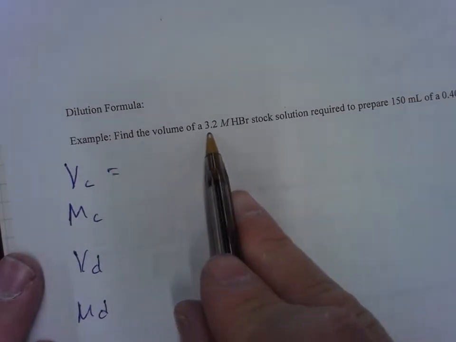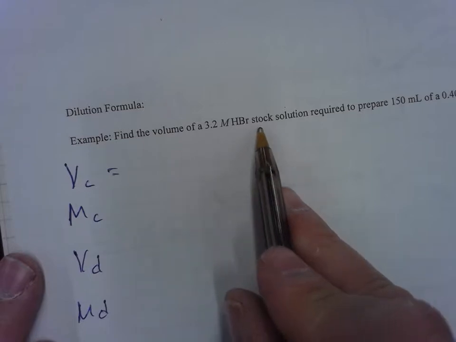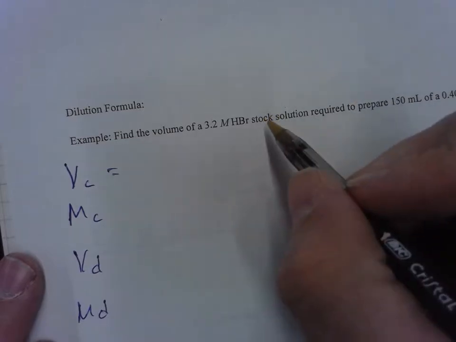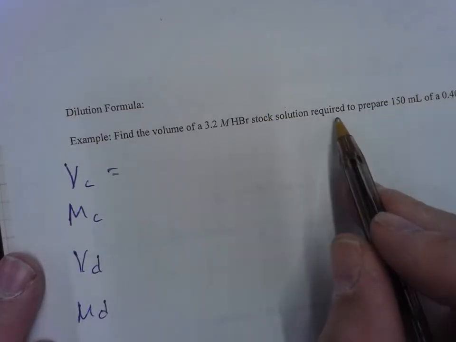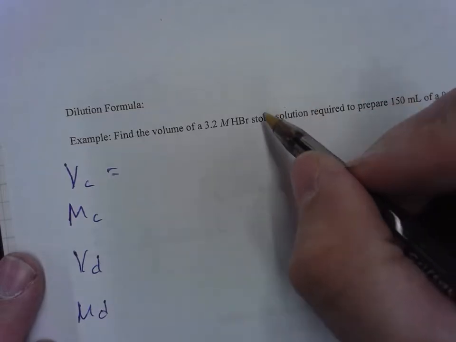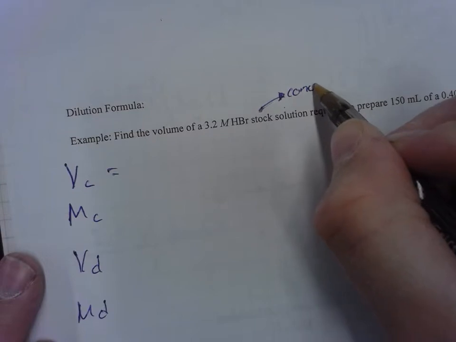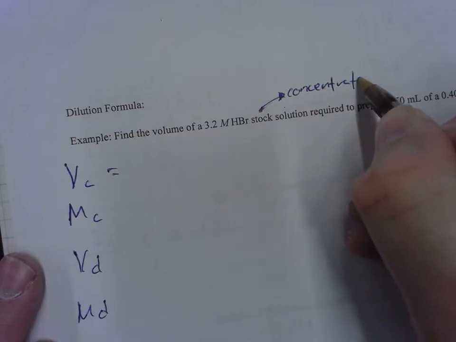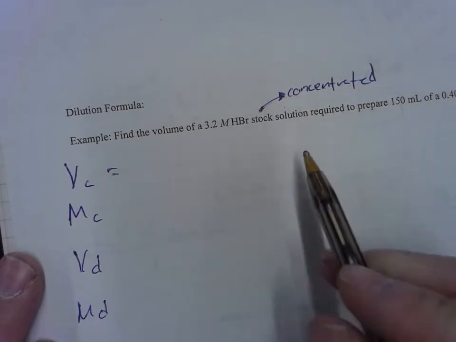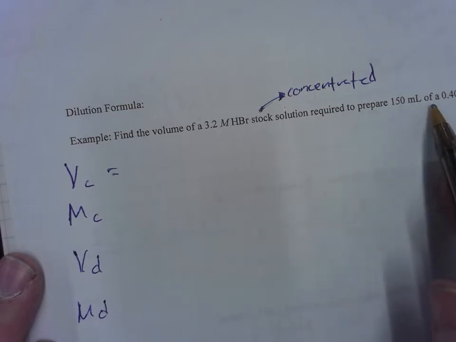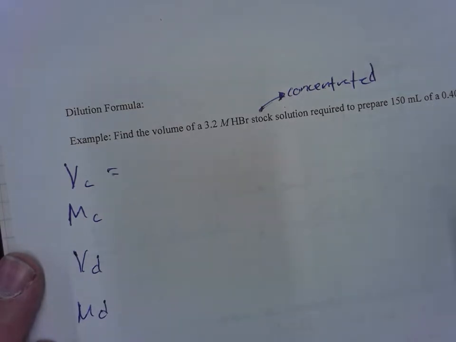Find the volume of a 3.2 molar stock solution. That means concentration. Required to prepare 150 mils of a 0.4 molar dilution.